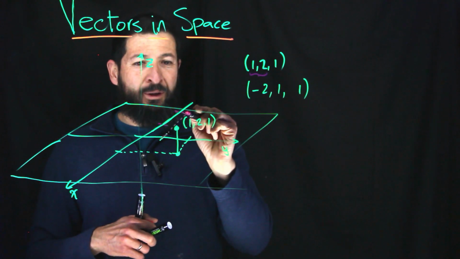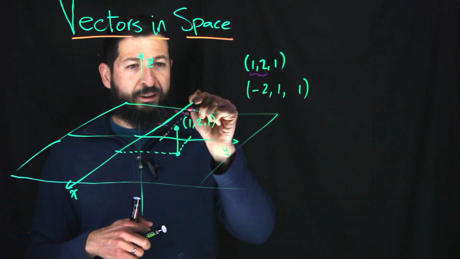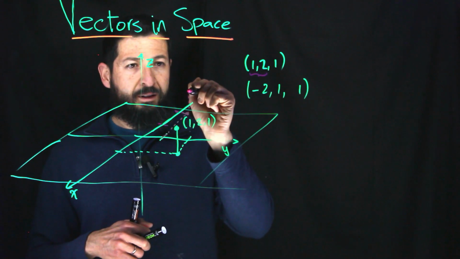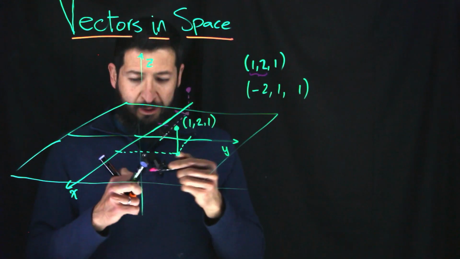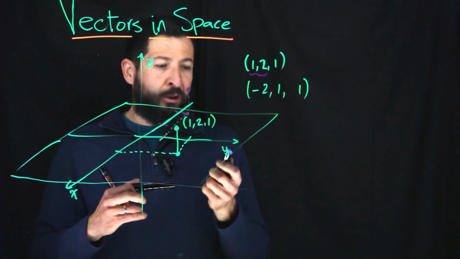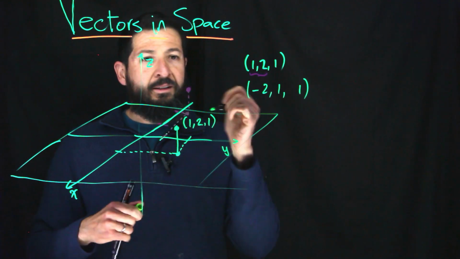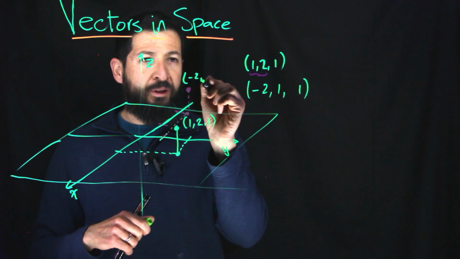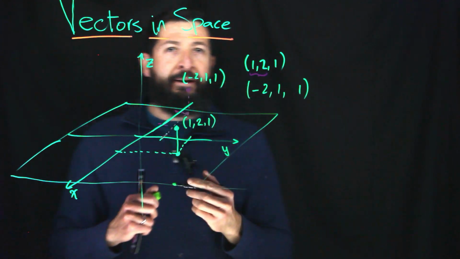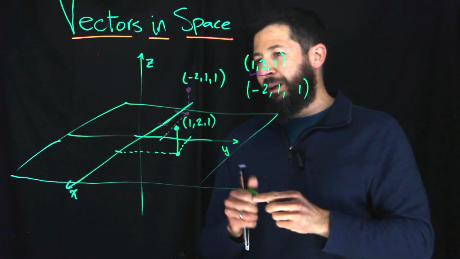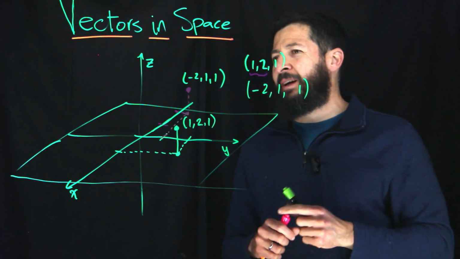I don't want to do that. I'm going to go up by 1. So roughly here. And that would be my point negative 2, 1, 1. So that's how you plot points in three-dimensional space.